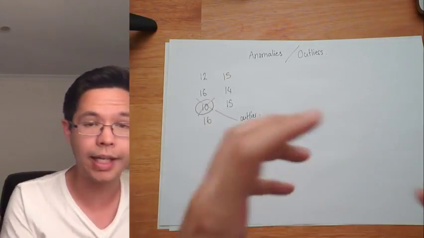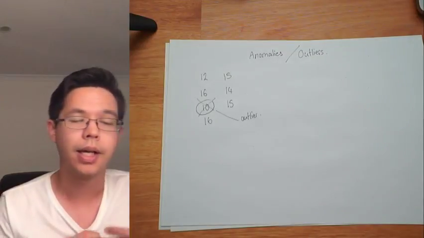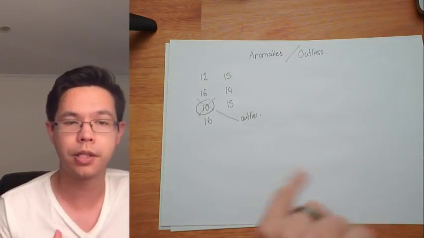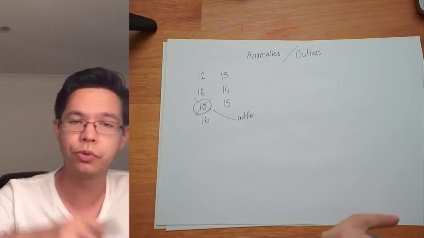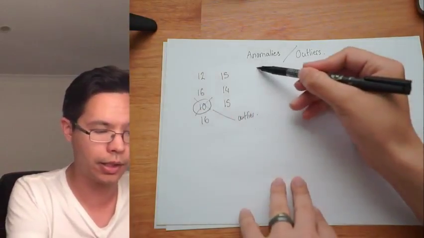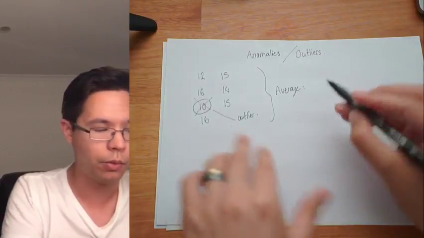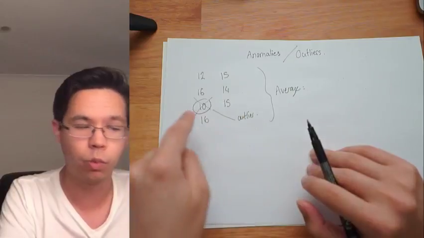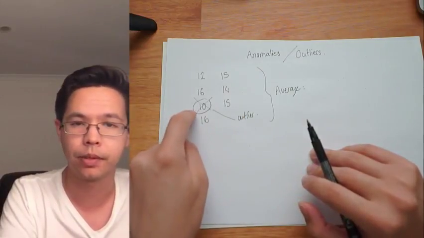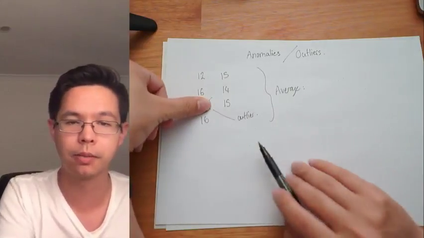Well, basically for any calculations you need to make, if you're doing averages or any further processing on this data, you need to remove that from consideration. So if I need to calculate the average, I would calculate the average of the data without this outlier. I need to forget that it's there and do my working based upon the rest of the data.